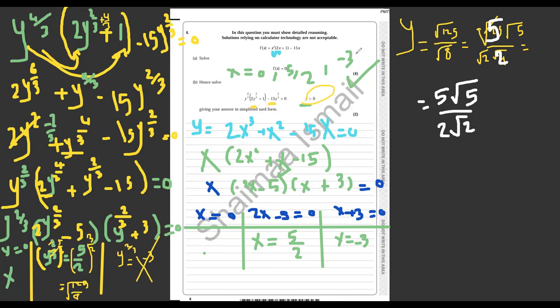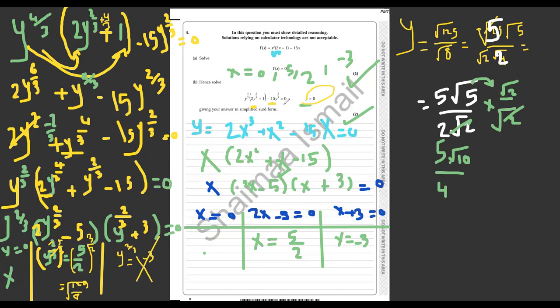We have to rationalize it, multiplying by root 2 over root 2, just to remove the root from the denominator. Multiplying by 2 will give 4 in the denominator. Here it will be 5, and root 5 multiplied by root 2, which is root 10, and we did it.